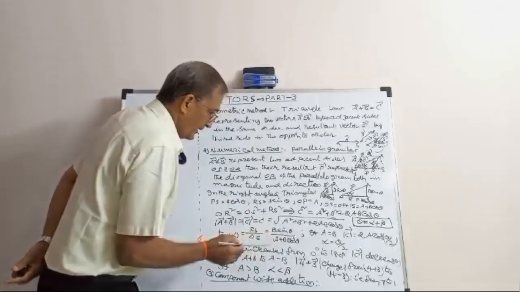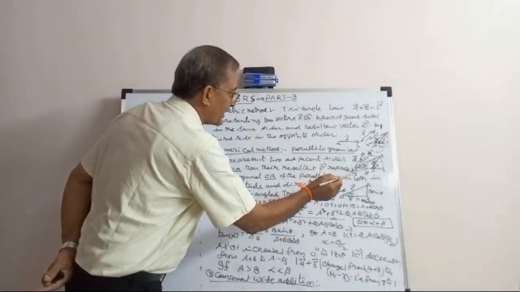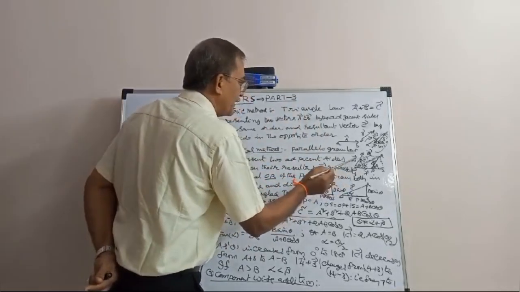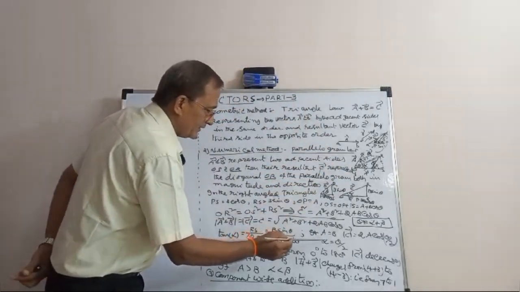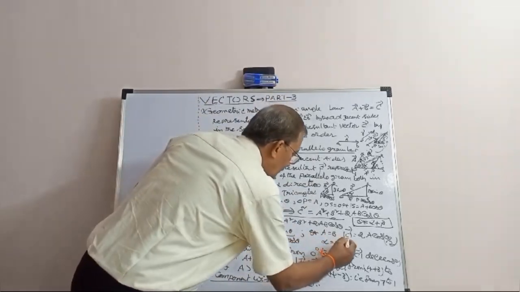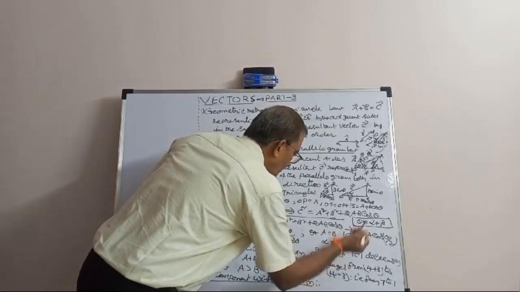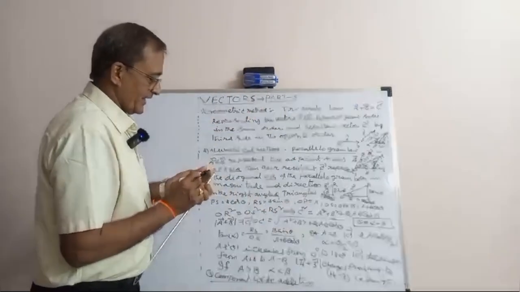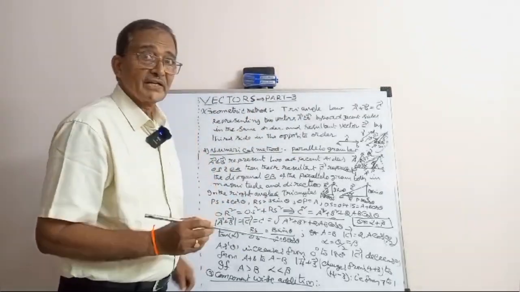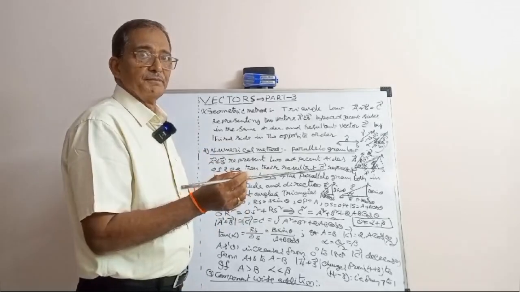And because these two vectors are of the same magnitude, the resultant lies exactly between A and B. That's why alpha is equal to beta is equal to theta by 2. So this is about the direction of the resultant of two vectors of the same magnitude.